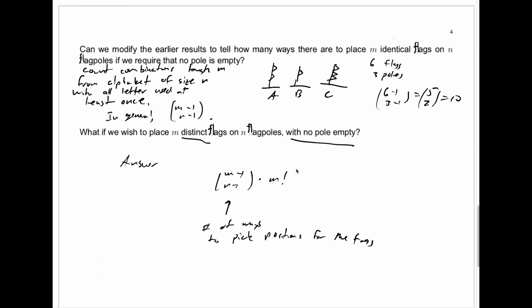And I'll just leave that as the answer. You can simplify that in a variety of ways, but that will tell us the number of ways to have ordered distributions of m flags onto n poles, as long as no pole is left empty.